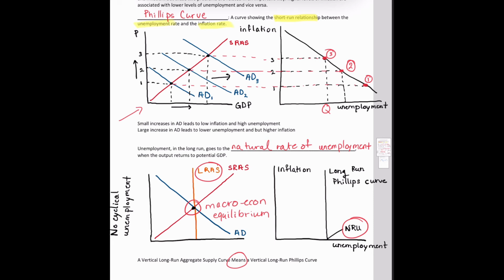So as the short run curve shifts with expected inflation rate, then you will have different rates of inflation intersecting on the long run Phillips curve.